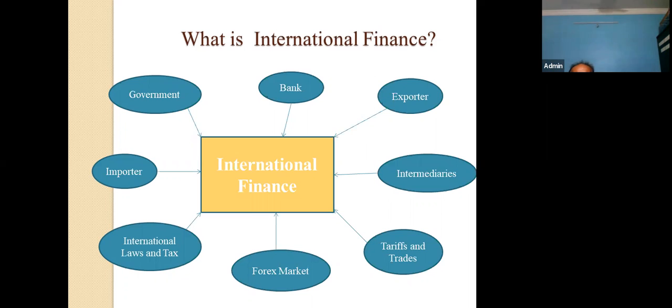So what are the international laws and what is the tax structure? We need to understand. Then we have to study our importer and government, because government plays a vital role in international business.